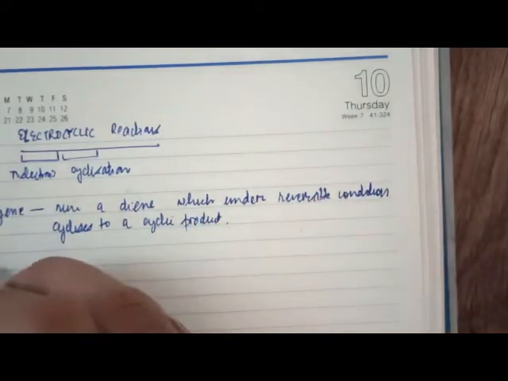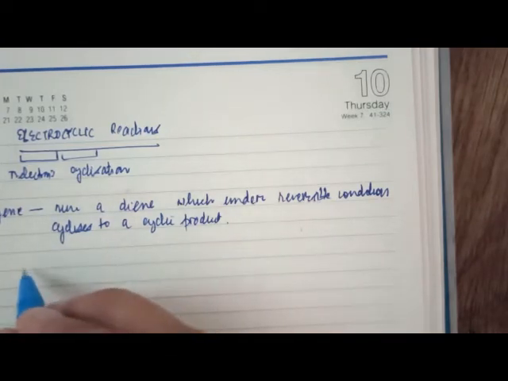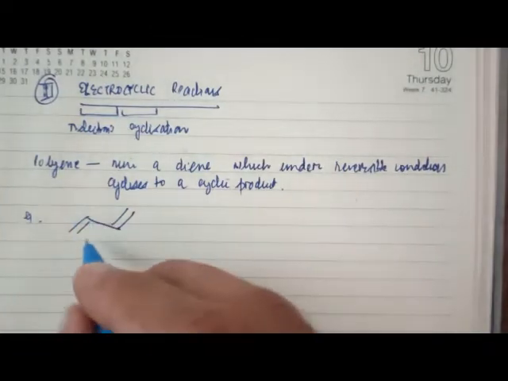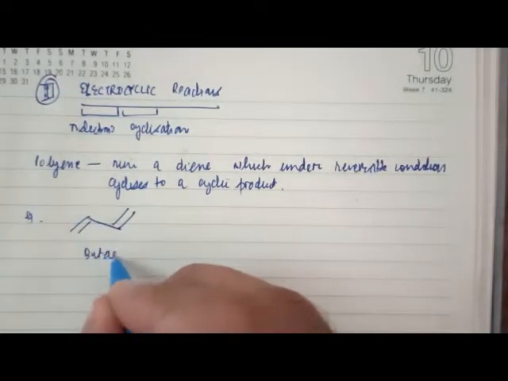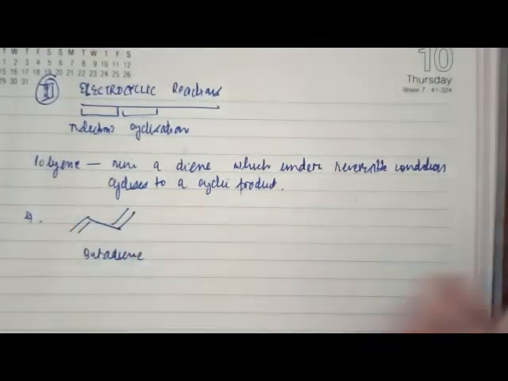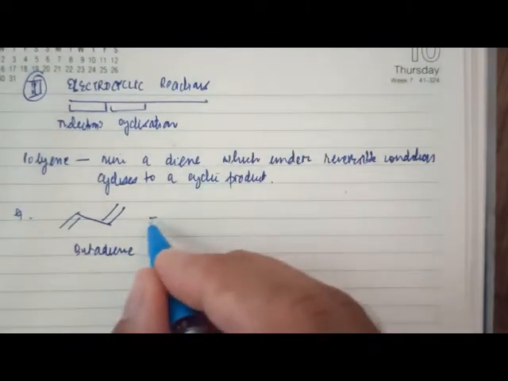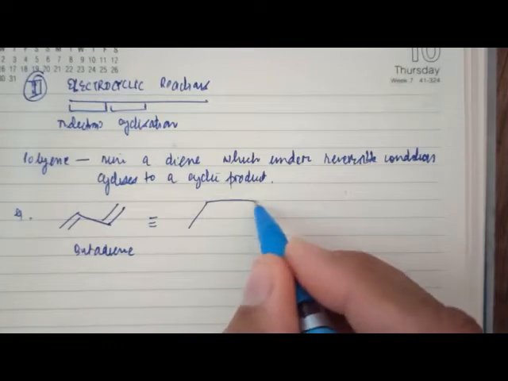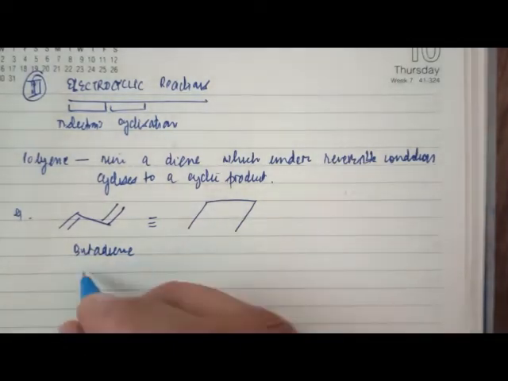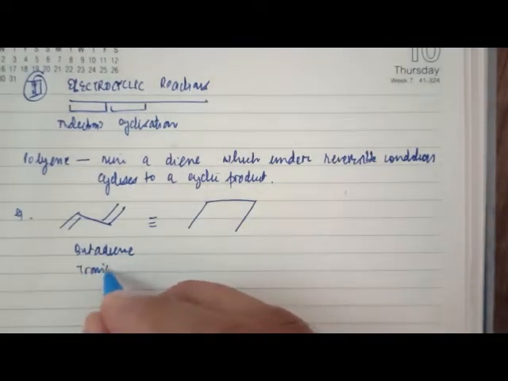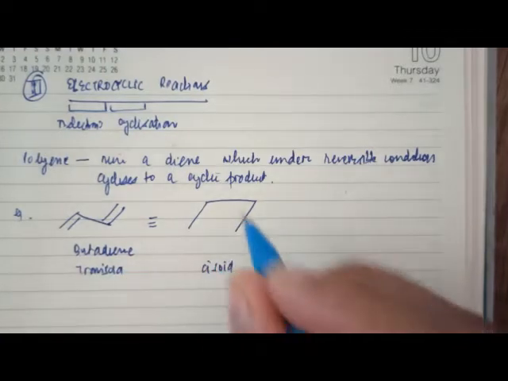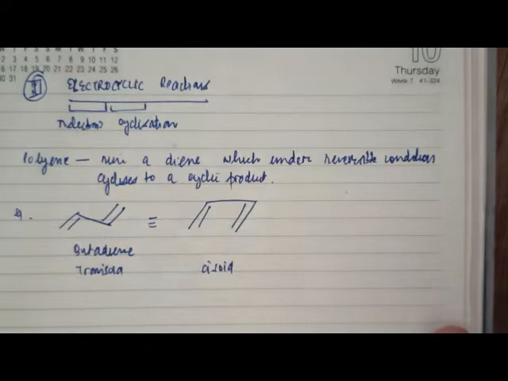For example, again, let's take butadiene molecule. Now, when we draw butadiene molecule, as we did in the case of cycloadditions, we would do it in a similar way. We draw the butadiene in a cisoid form. This, of course, was the transoid form, and then we'll draw it in a cisoid form, which we know is more reactive of the two.